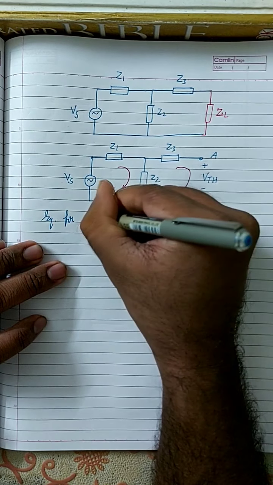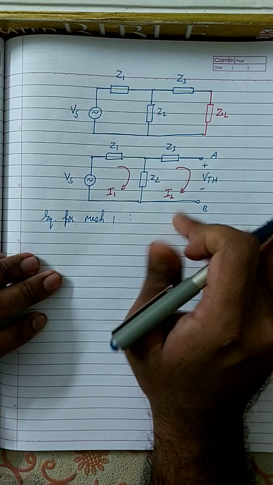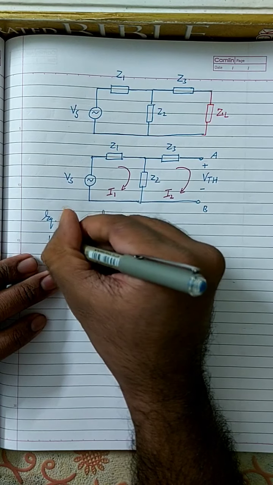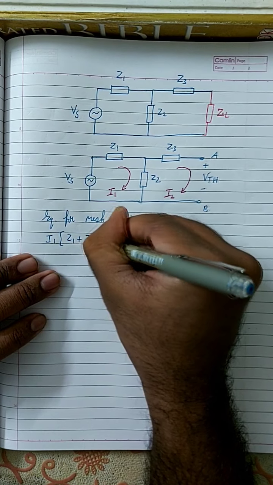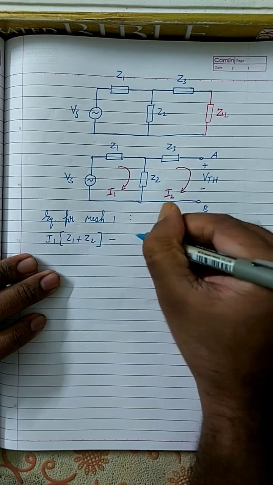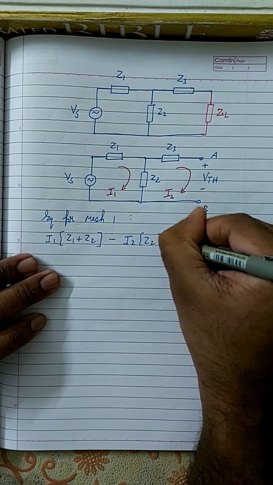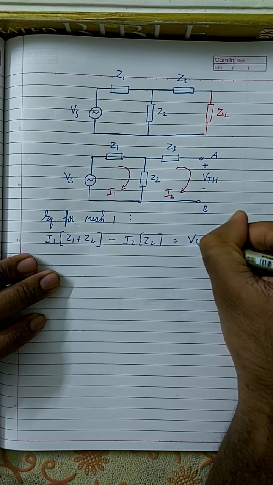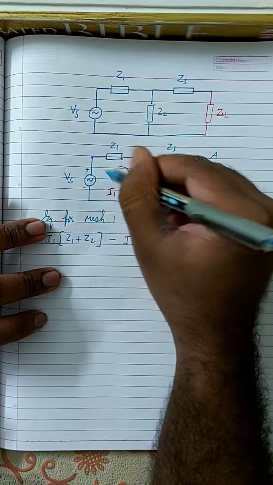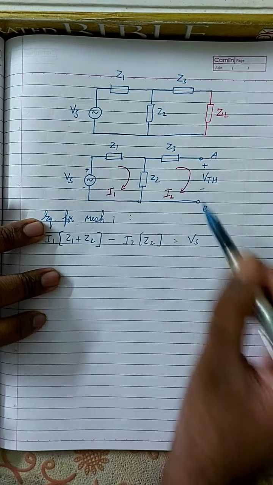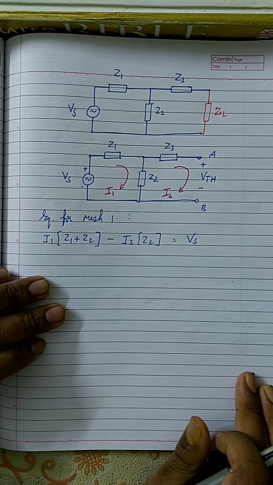The mesh 1 equation is: I1 into (Z1 plus Z2) minus I2 into Z2 is equal to Vs, because this is the positive terminal and this is the negative terminal. This is the equation for mesh 1.